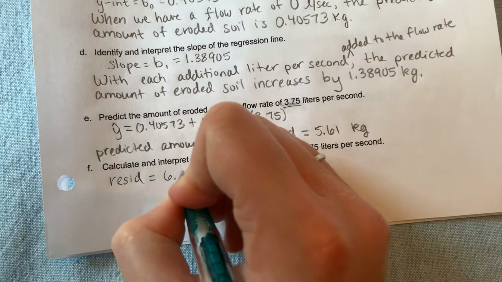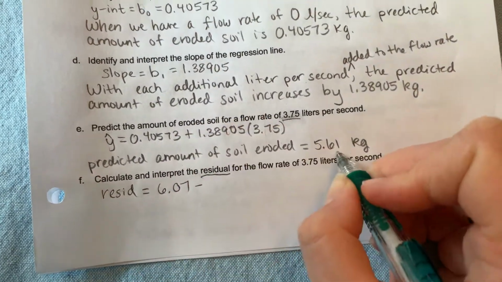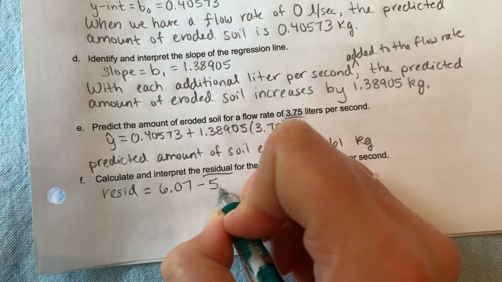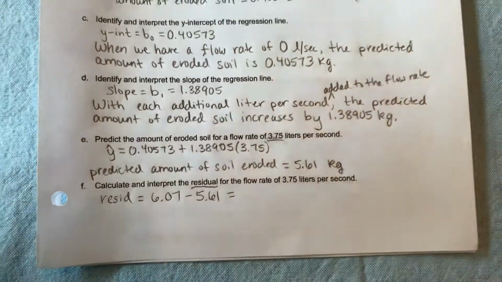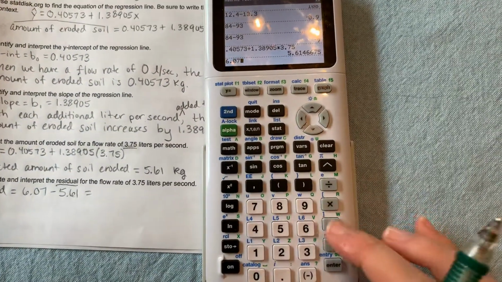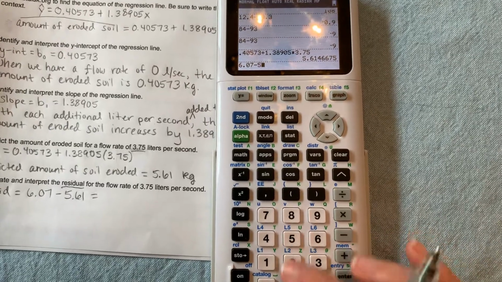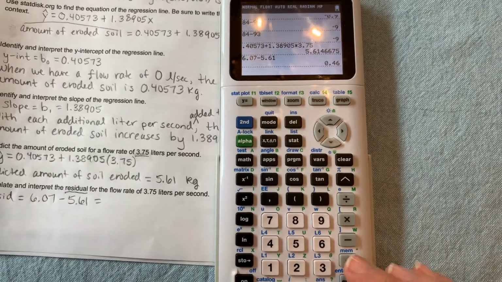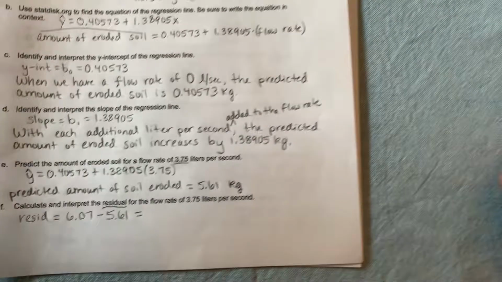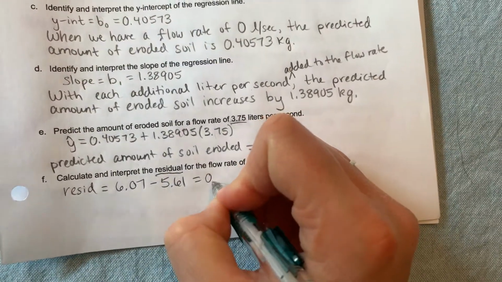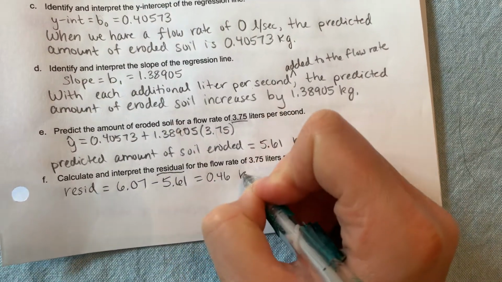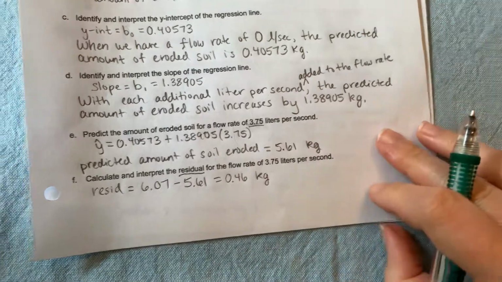So 6.07 minus the predicted 5.61. See what we get. 6.07 minus 5.61 is equal to 0.46. Okay, 0.46 kilograms, because those again are in kilograms.